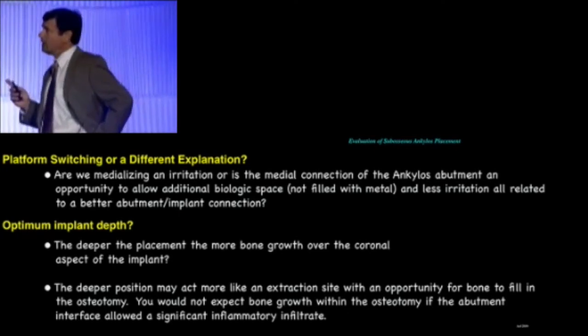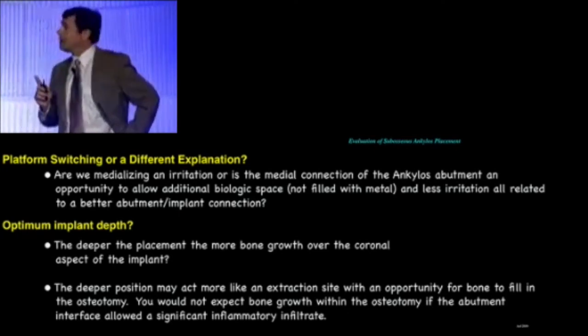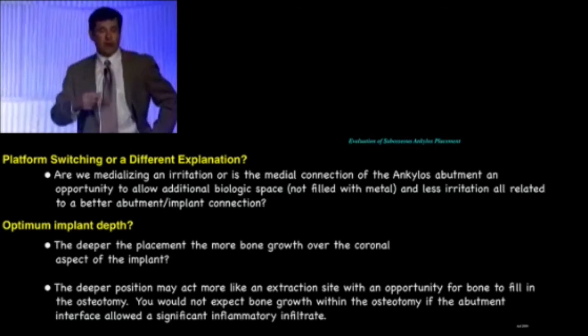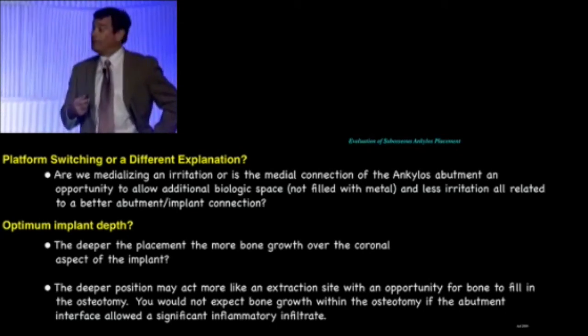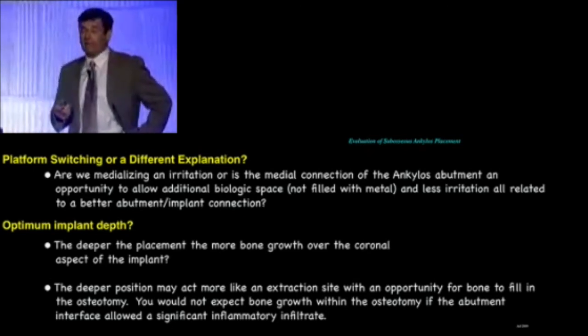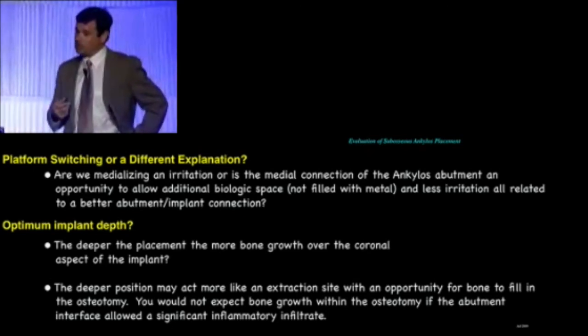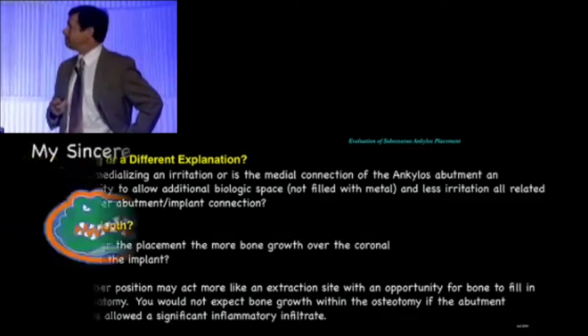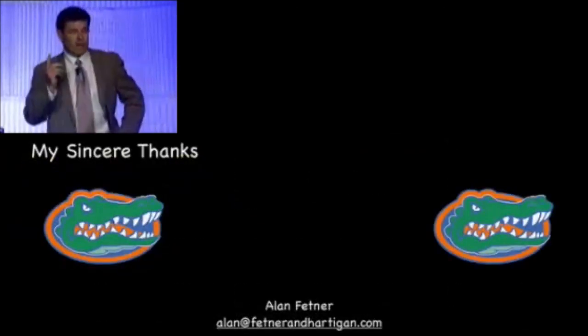And yes, I think one of my questions is the optimum implant depth. Where do we put it? Can we vary it? Because one of the things that we see empirically is that sometimes the deeper the placement, the better the outcome. Anyway, it's time to bring in Tord.